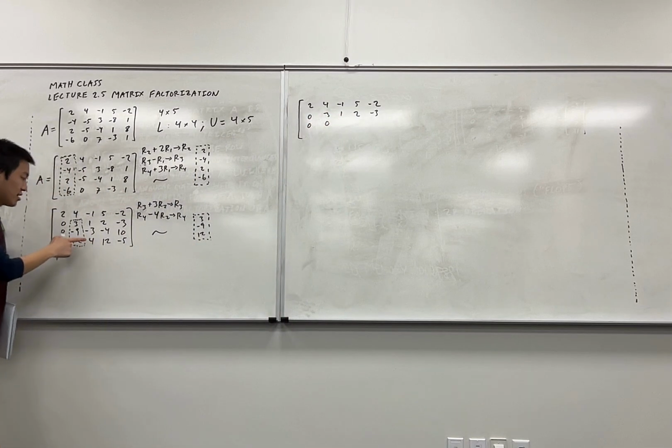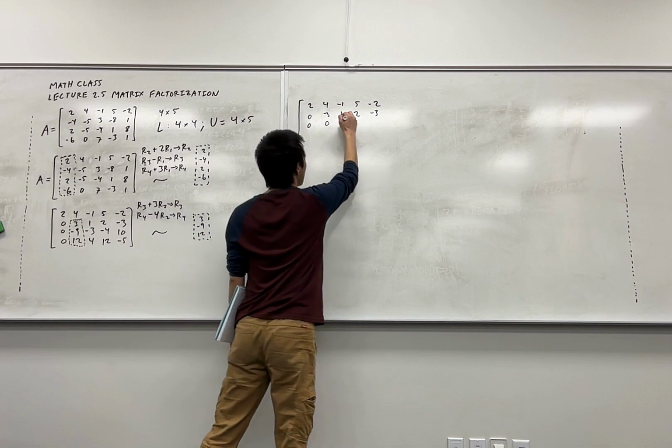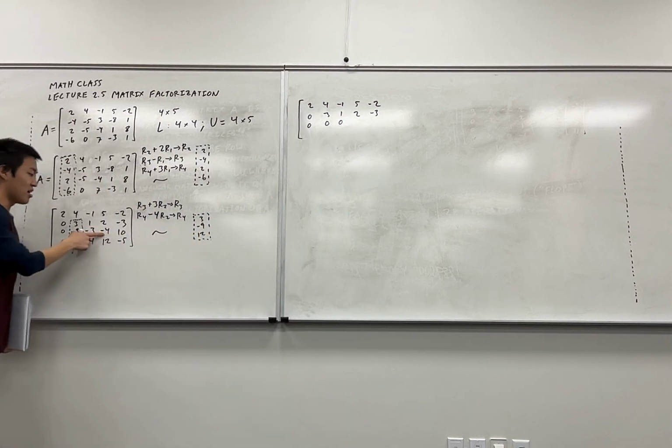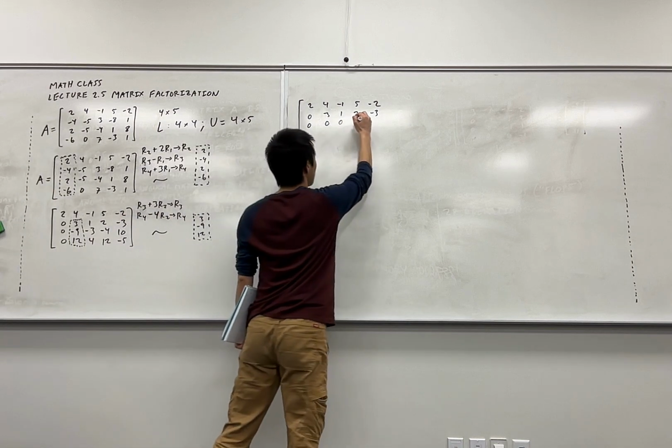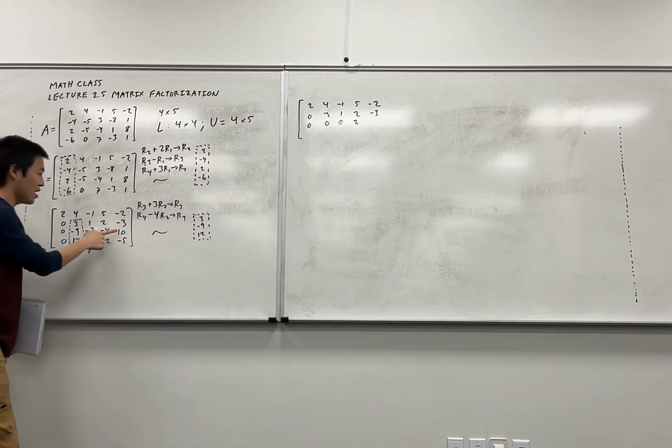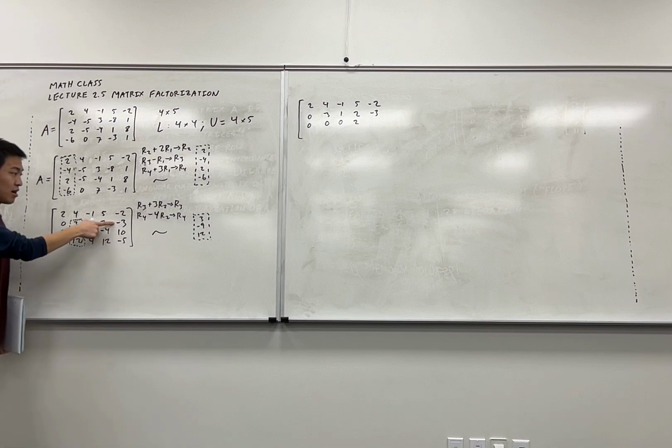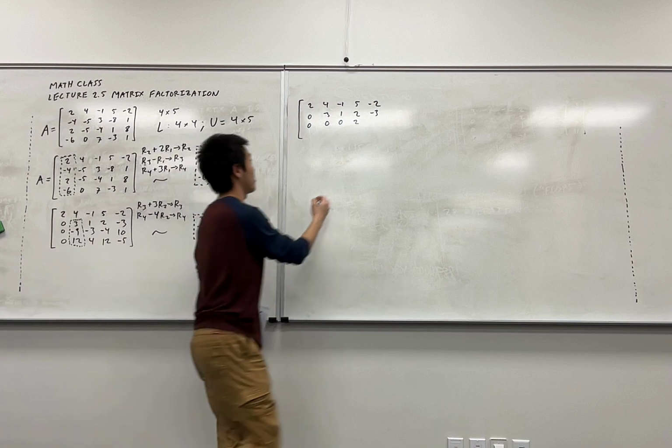And then -3 plus 3, so 0. -4 plus 6, so 6 minus 4 is 2. And then 10 plus -9, basically, so 10 minus 9 is 1.